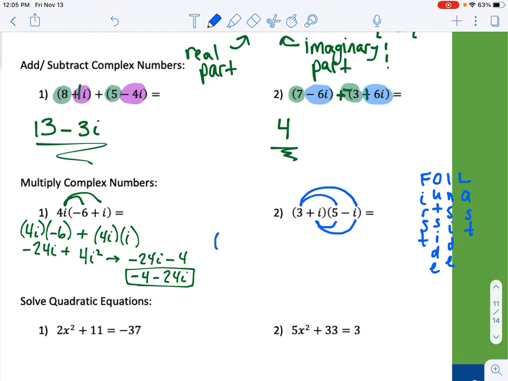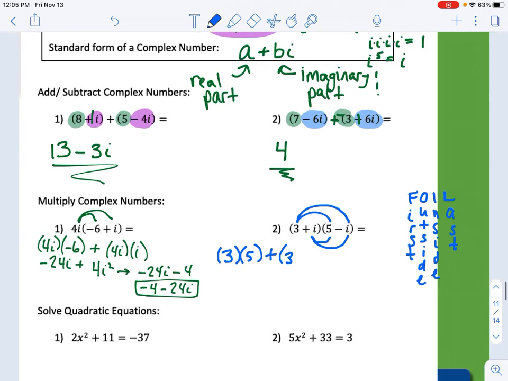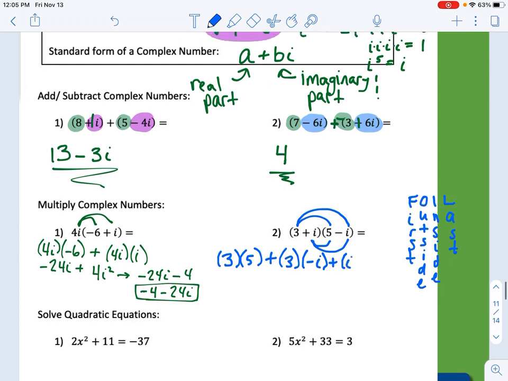This one, once again, I will show out all the steps just so you can see them. So 3 times 5 plus 3 times negative i plus i times 5 plus i times negative i.